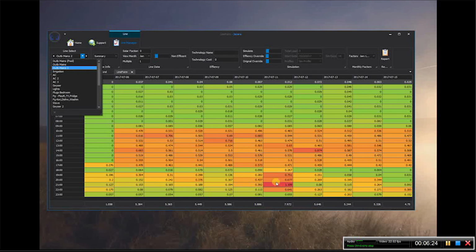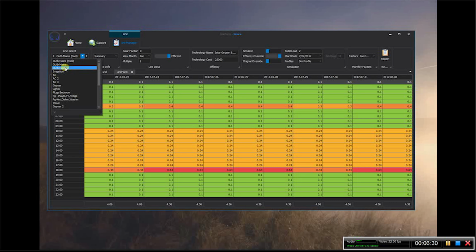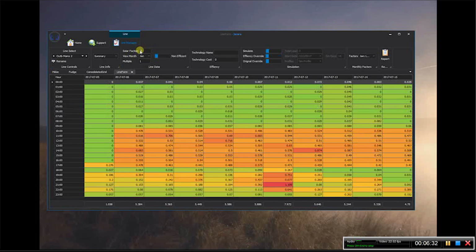Yeah, we can see we've got some other loads as well, which I'm not going to be too worried about. Now that you guys know how to do this, I'm just going to apply a straight solar fraction, which wouldn't be correct if you were to do it in the highest amount of detail, but for now that's fine. So I'm going to do 75% solar fraction. The technology is a VSD and 1,000 Rand.